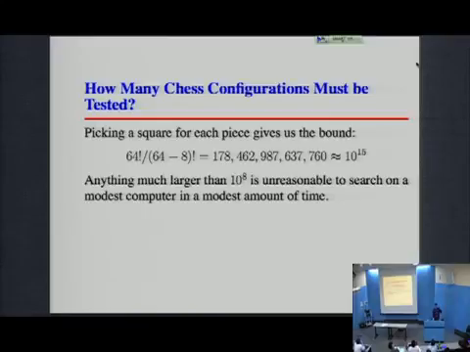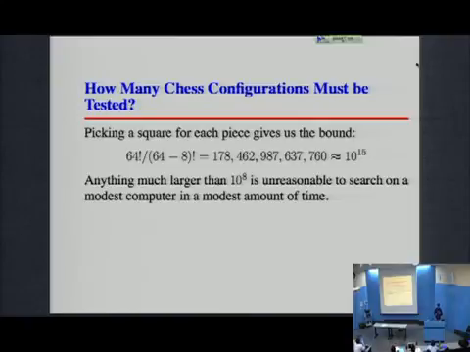Once you put the king down, you then figure out where the queen should go. There are 63 possible places for the queen, because it can't be where the king is. And then we put down the red bishop and the white bishop, and there are 62 possible places. Basically, there turn out to be this many possible configurations of those pieces.